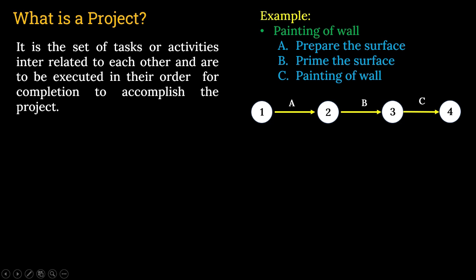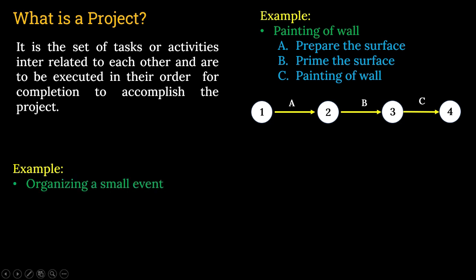So first A will be completed, the preparing of the surface. Then B will be completed, that is prime the surface. And finally, we can start applying paint on the wall. Then the entire event will be complete, or this is a project that will be completed. Clear? Let us take up another example.